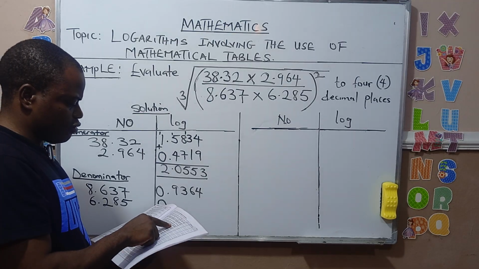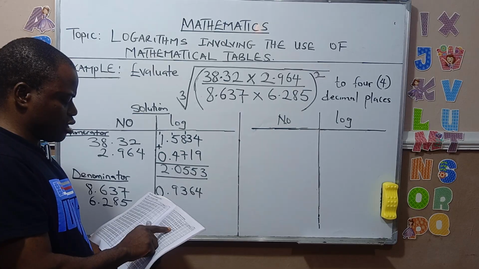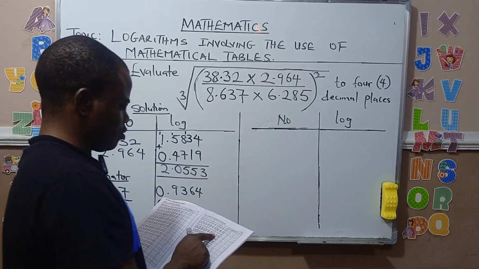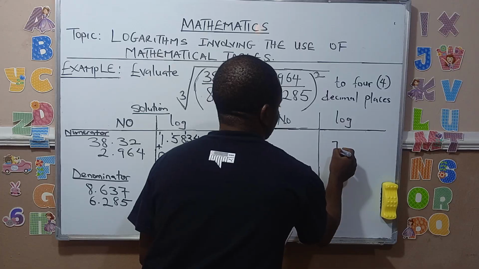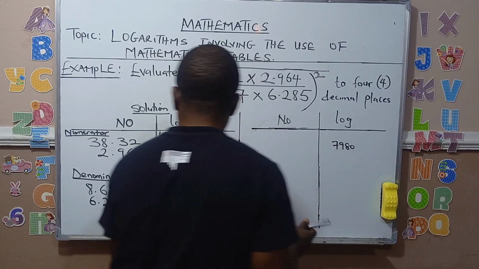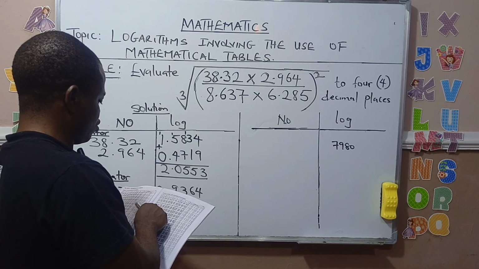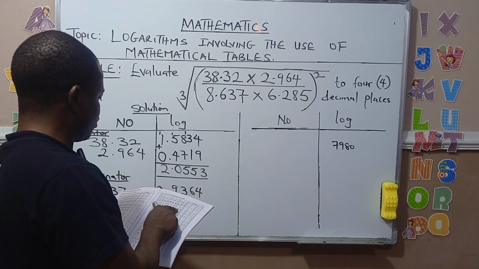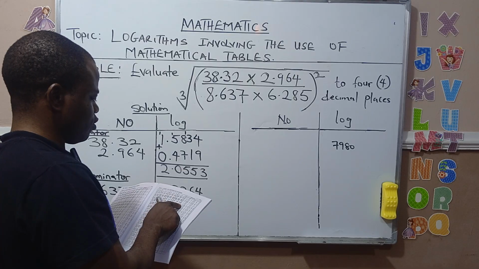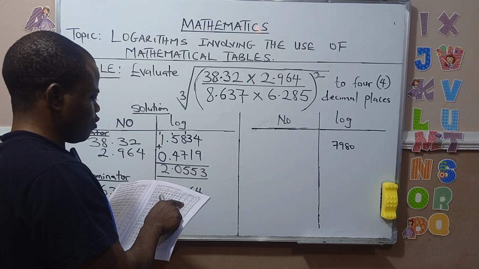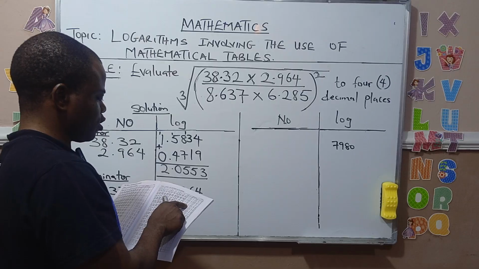We have 7980. 7980, difference of 5. 62 under 8, difference of 5, we trace it, difference of 5 is 3.